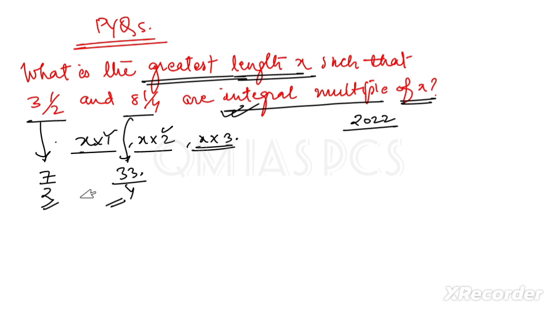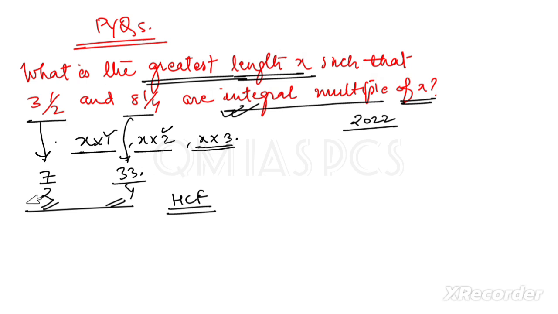So think, we have to find the HCF, highest common factor. Because see, if I just consider here, if x is 5, so 5 multiplied by 1, 5 multiplied by 2, 5 multiplied by 3, so 5 is the highest common factor. Are you getting my point?